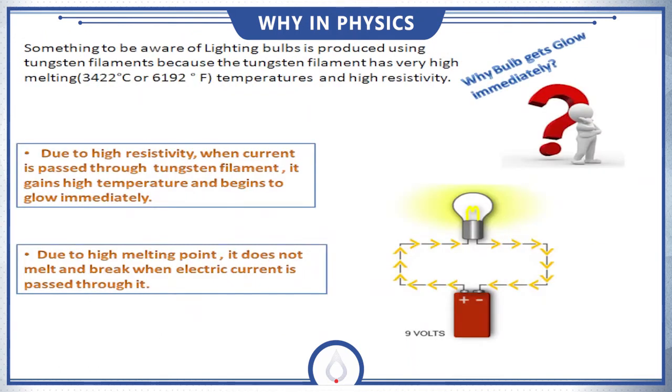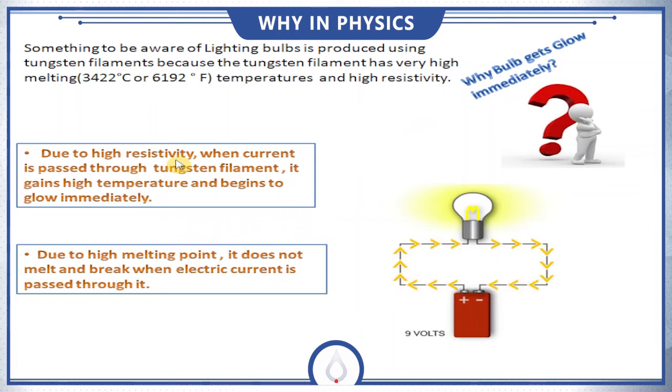Here the question is: why does the bulb glow immediately? We know that bulbs are made up of tungsten filaments, and tungsten filament has two characteristics. First, tungsten filament has a very high melting temperature, and the second, tungsten filament has high resistivity.